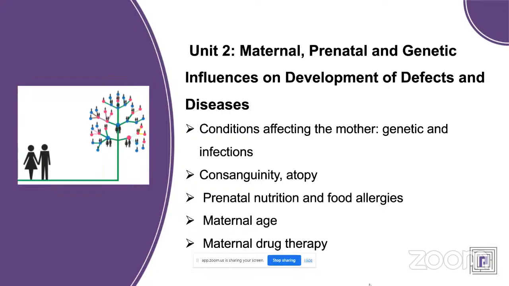And then second unit. In the second unit, we are going to discuss the maternal age, conditions affecting the mother, genetic and infections, consanguinity, prenatal nutrition and food allergies, and maternal drug therapy.